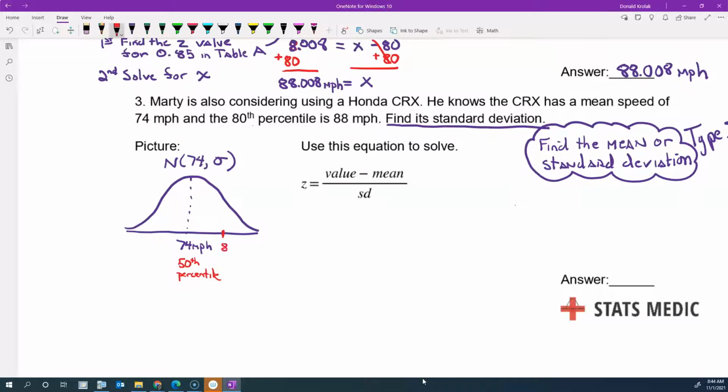And it is 88 miles per hour. Okay, so this area is the 80th percentile. That's this decimal. Okay.